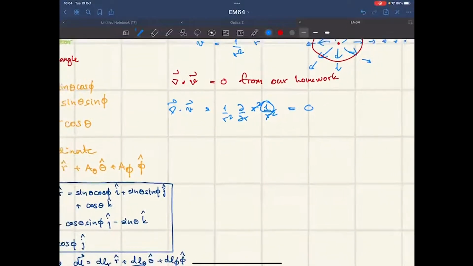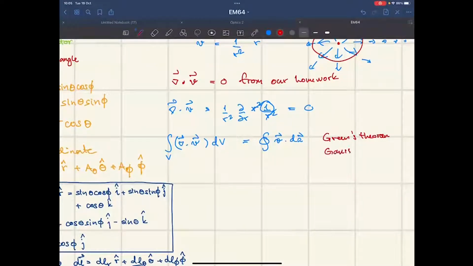Let me check. We know that if we do the volume integration, it equals the integral of v dot dA. This is from what theorem? This one is Green's theorem, Gauss's theorem, and what else?